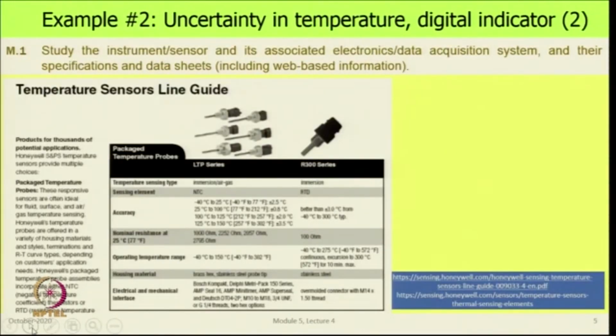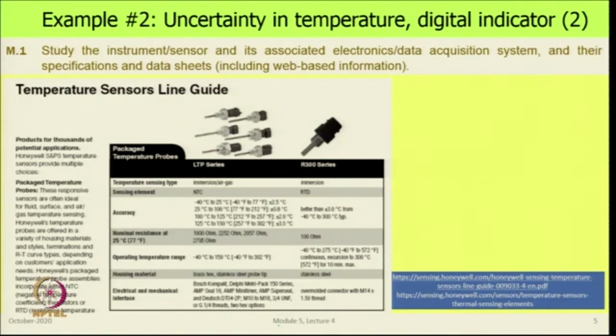So, the first step in our procedure: study the instrument, sensor and its associated electronics and data acquisition system and their specifications and data sheets, including web based information.